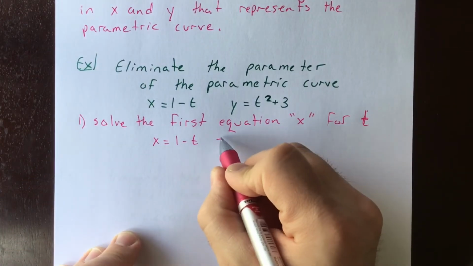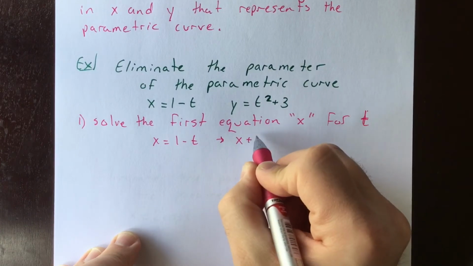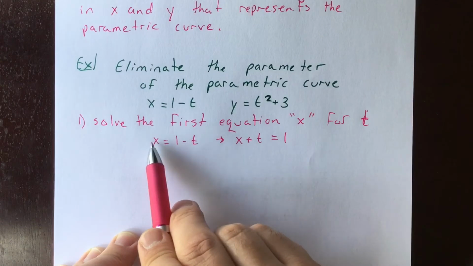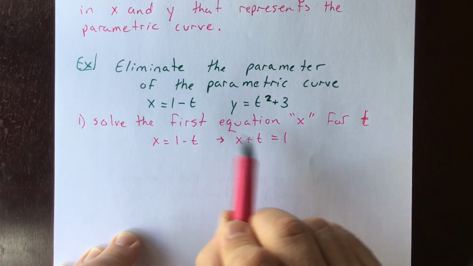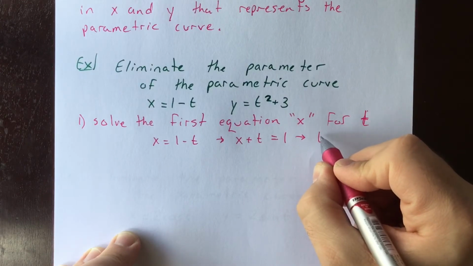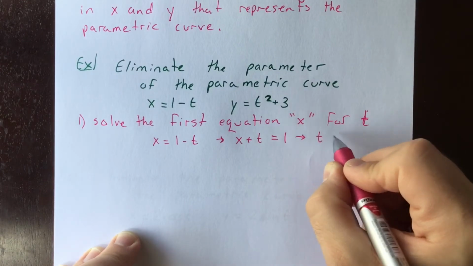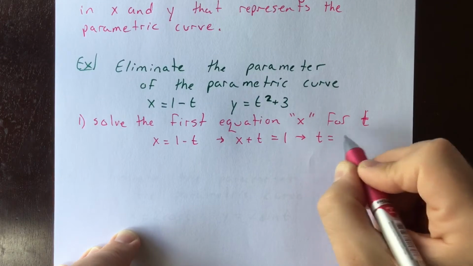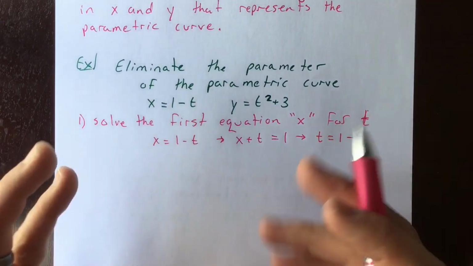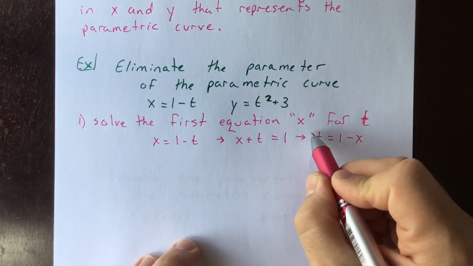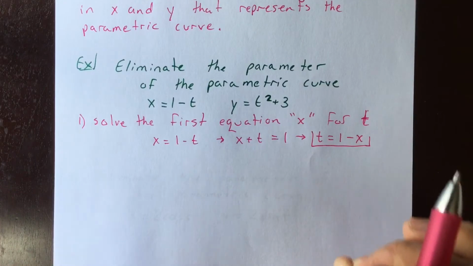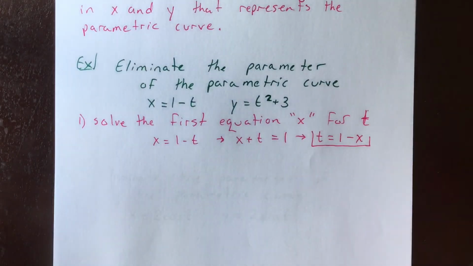Let's do it step by step. We have x plus t equals 1. I added t to the left side to make it positive. Then subtracting x, we get t equals 1 minus x. There are other ways of solving it, but we solved the first equation, x, for t. We isolated t. Step 1, done.